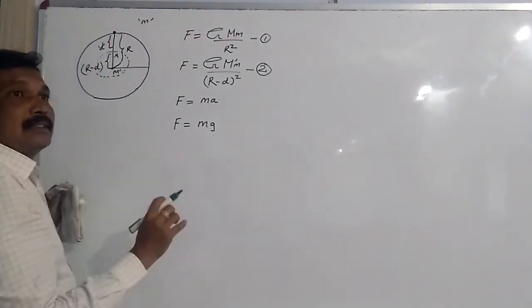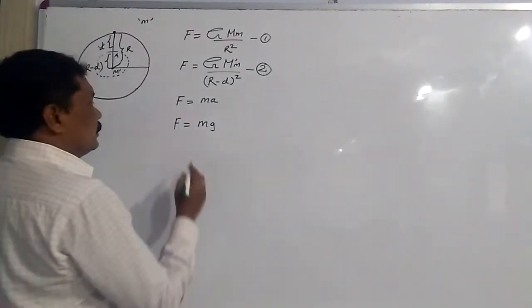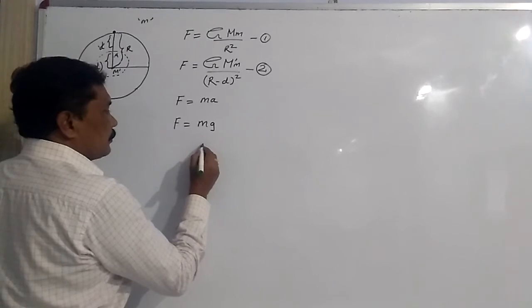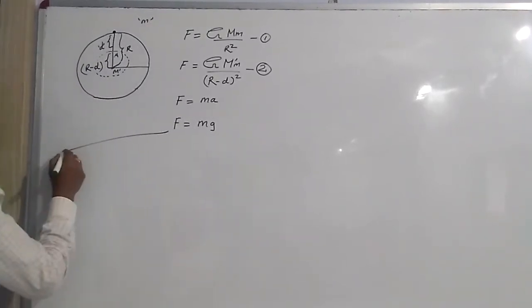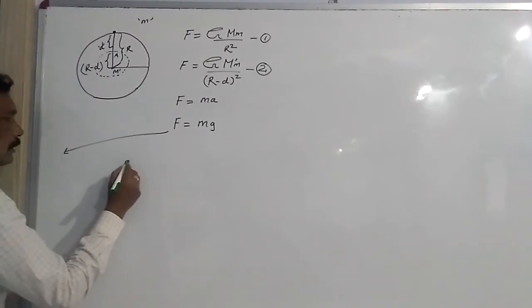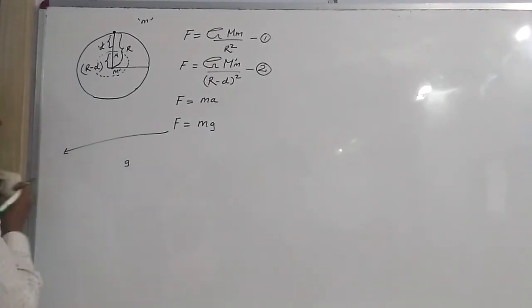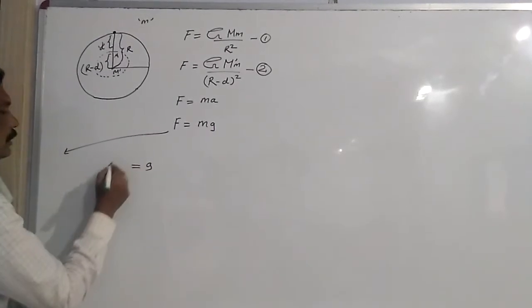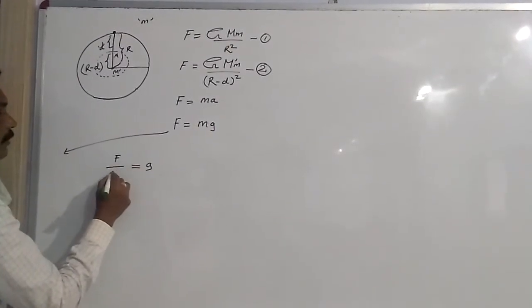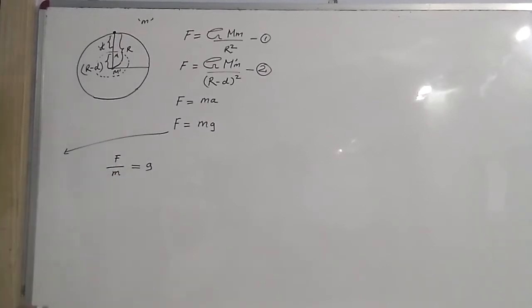We are discussing acceleration due to gravity, so we will keep g as it is, and keep F and take m.